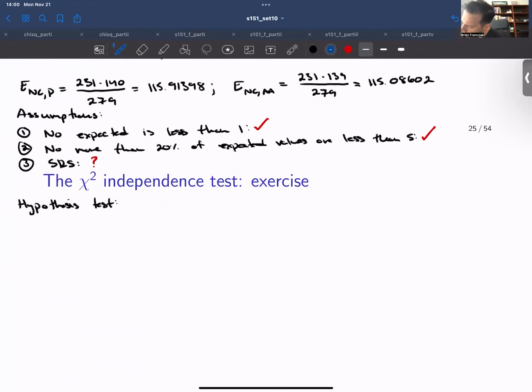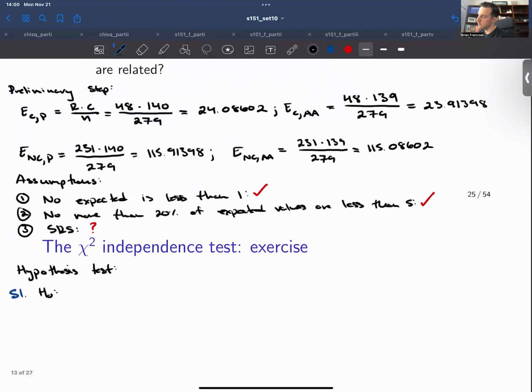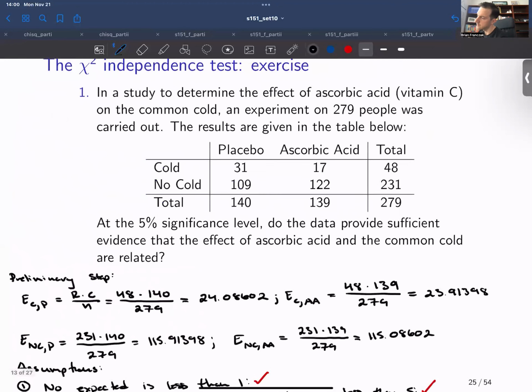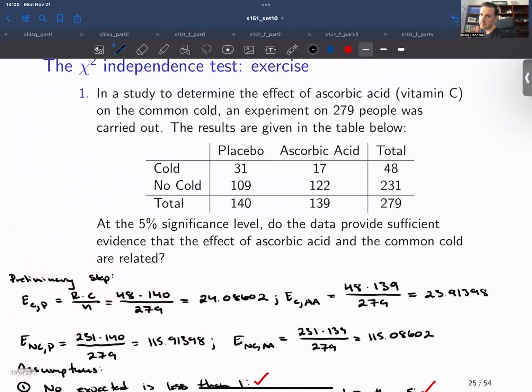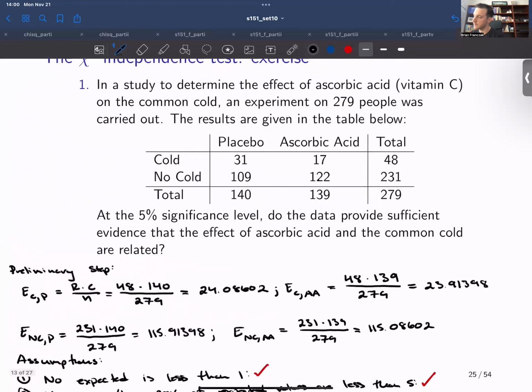Okay, so on step 1, our null hypothesis is that the common cold and the effect of ascorbic acid are independent, so that they're not related.